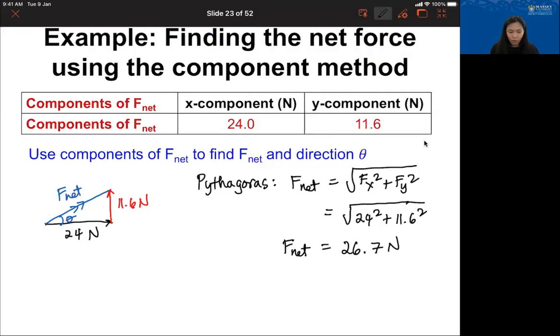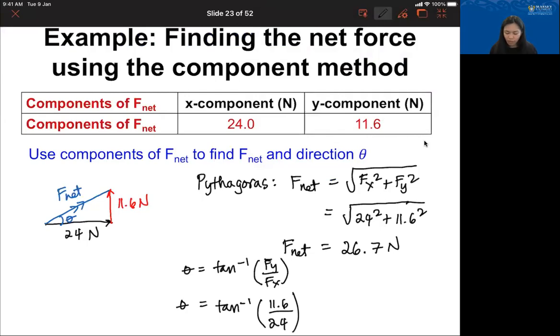Okay, and for the angle theta, you get the arctangent of the y component divided by the x component. So this was the equation that we derived earlier. So that will be the arctangent of 11.6 newtons divided by 24. So you go 11.6 divided by 24 and then get the arctangent of that.